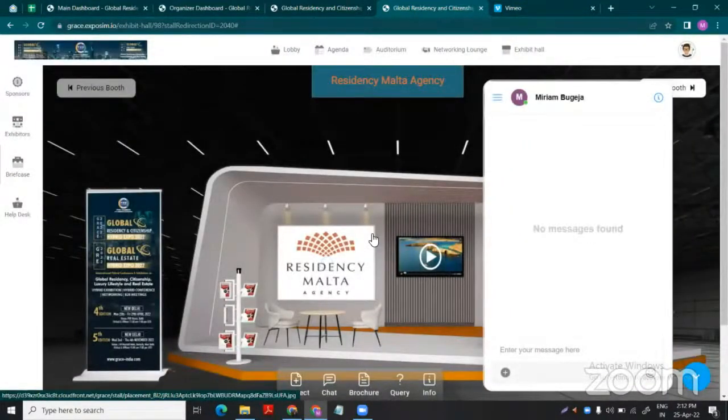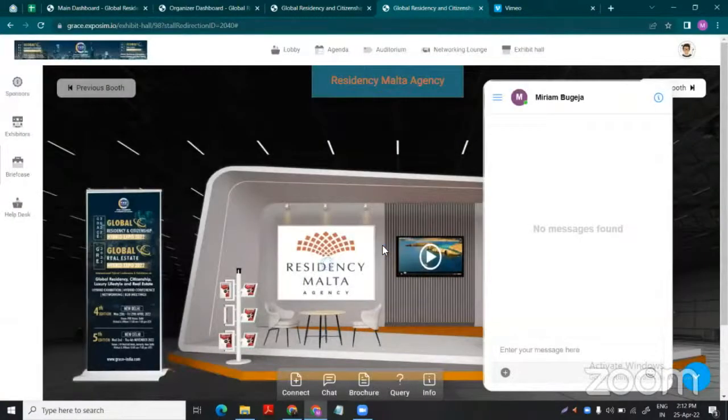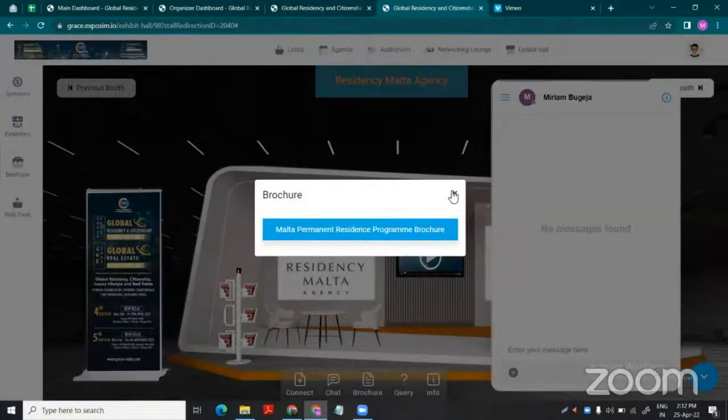You can drop your card to the agent of that booth so that the agent can contact you in future. Just click on connect and your card will be dropped in the agent section. You can see the brochures from here.